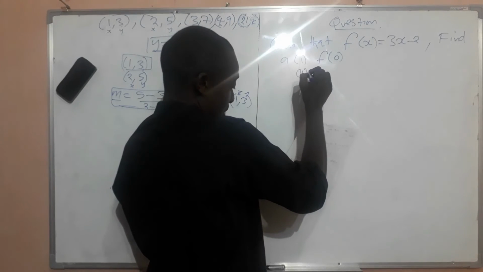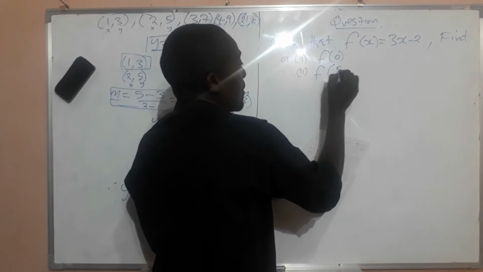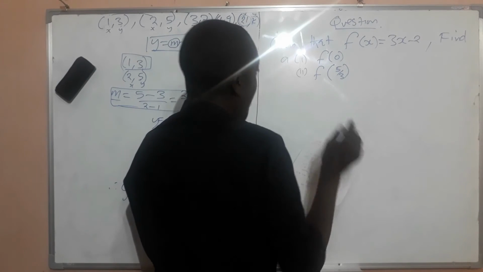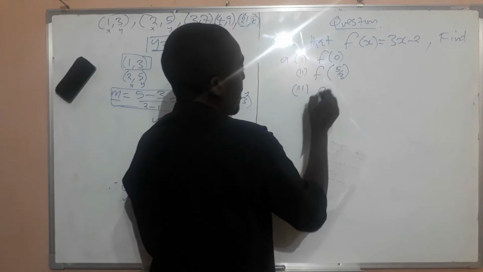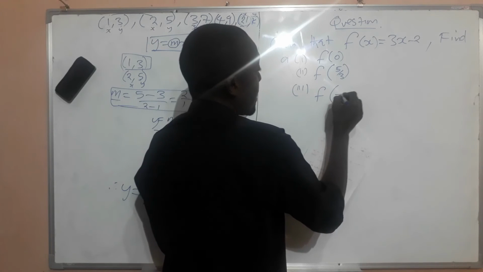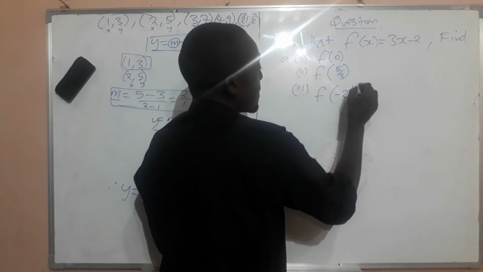Number 2, f of 5 over 3. And then number 3, f of negative 2, 1 over 6.